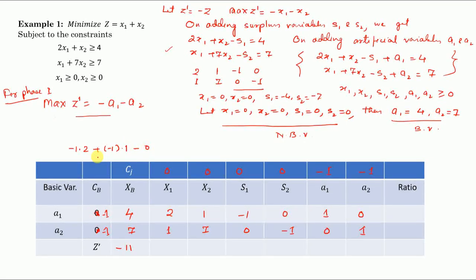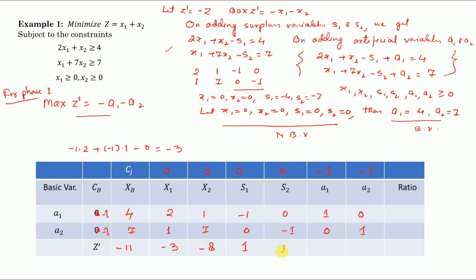So this becomes -2 -1, -3, minus 0. This is -3. Similarly, if you calculate this second value, this is -1 -7, -8, and this value is -1 into -1 plus 0, so this is 1.